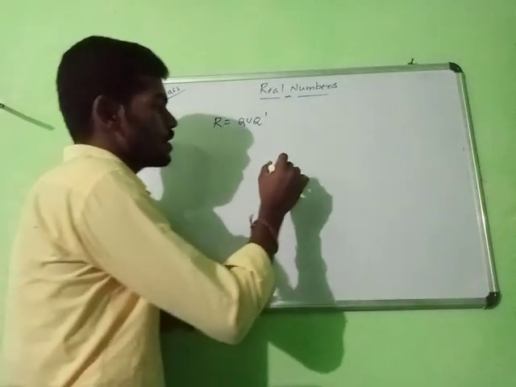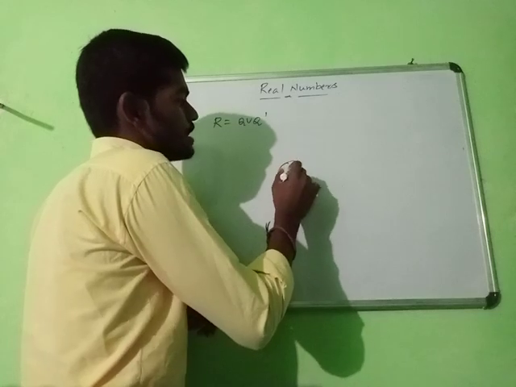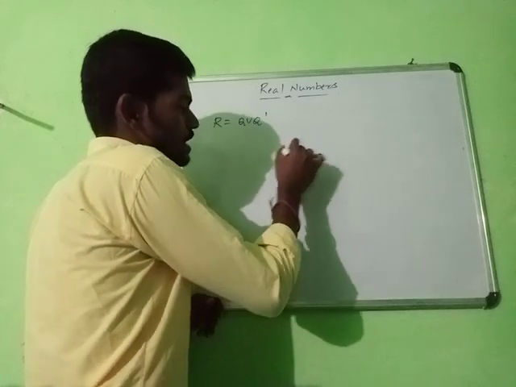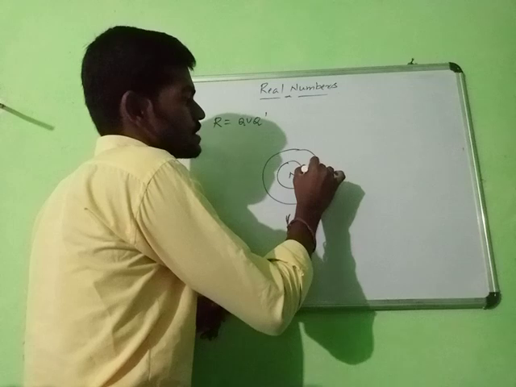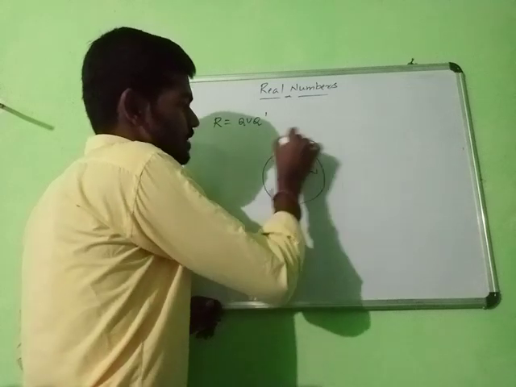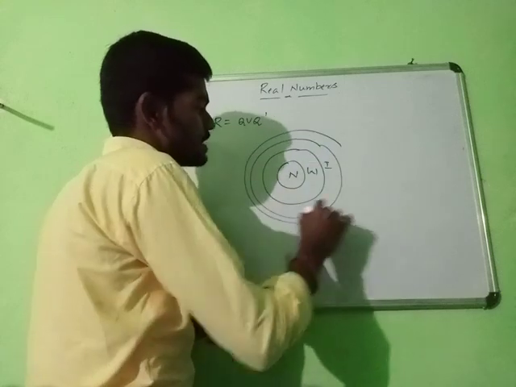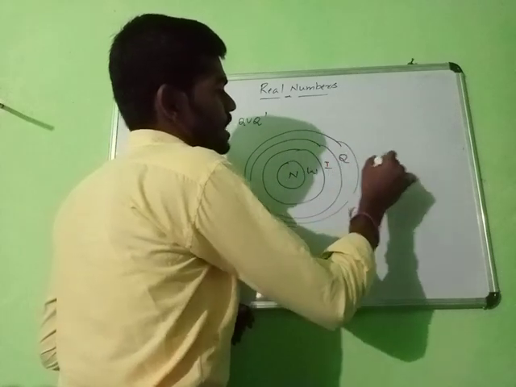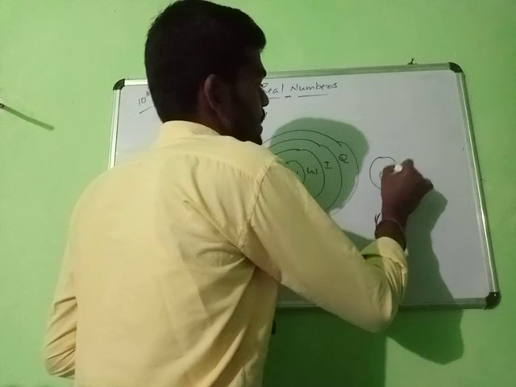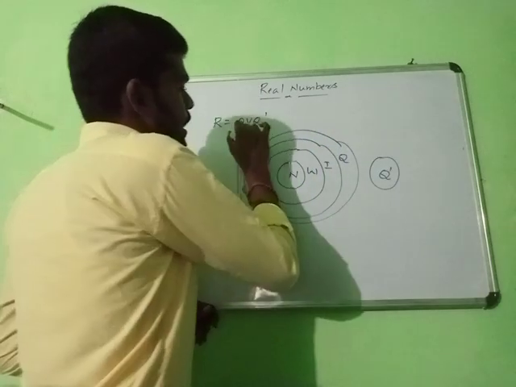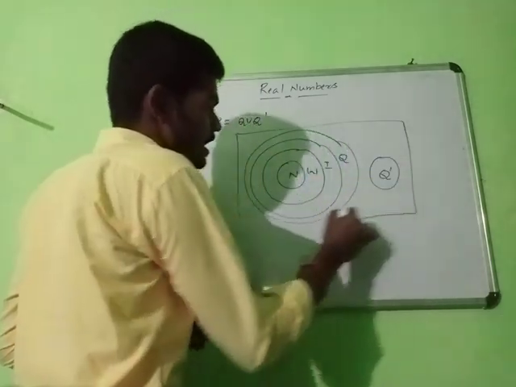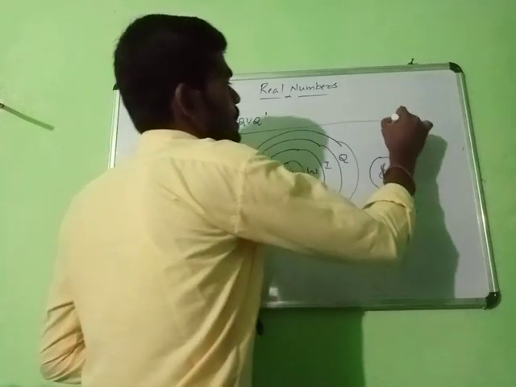Now take one example. This is natural numbers. This is whole numbers. This is integers. This is rational numbers. This is irrational numbers separately. Combined, all of these are commonly known as real numbers.